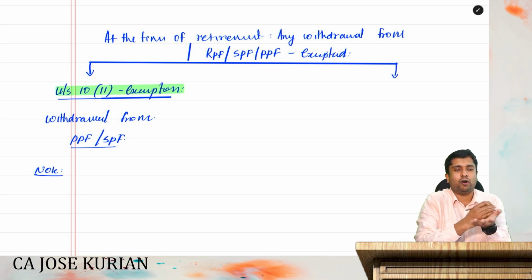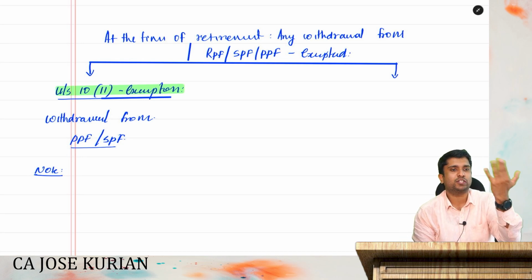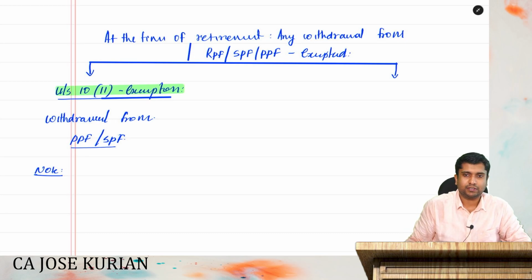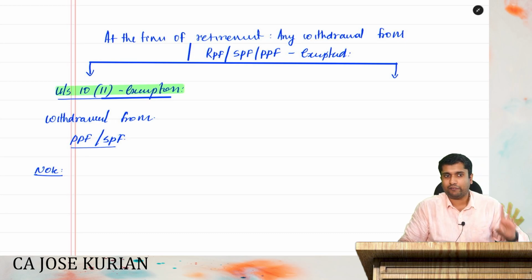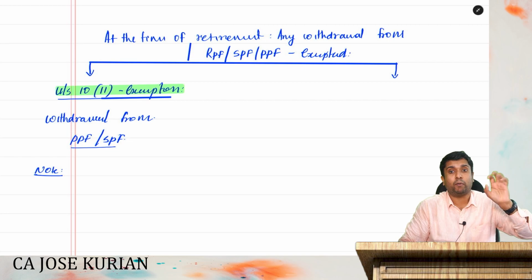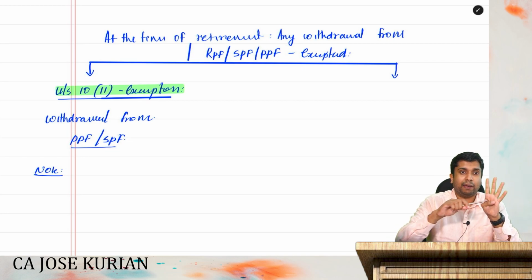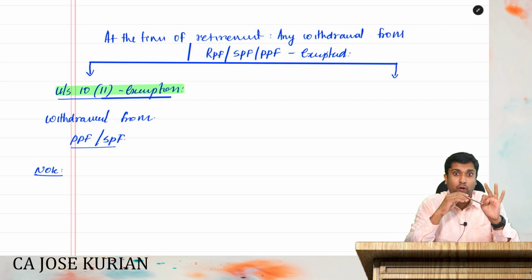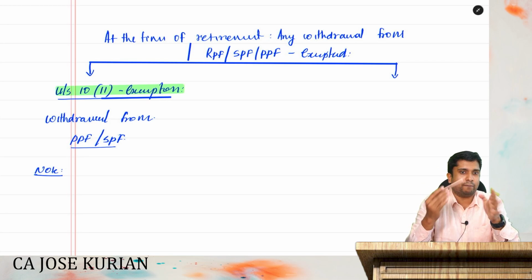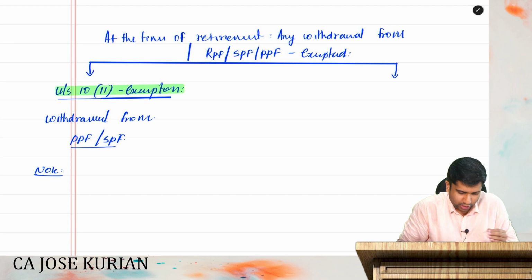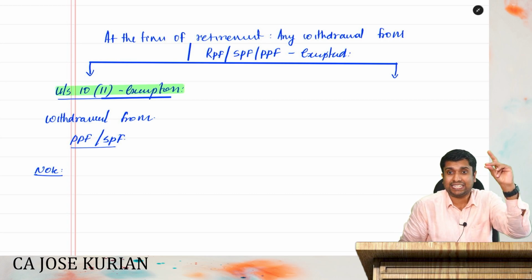When you withdraw an amount from SPF, what are the components you have in SPF? Employer contribution, employee contribution, interest on employer contribution and interest on employee contribution. Yes or no? So the limitation is applicable for the interest portion.